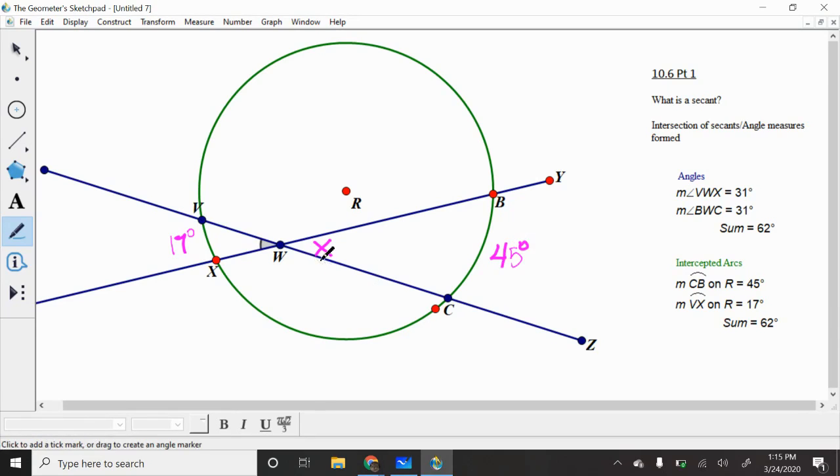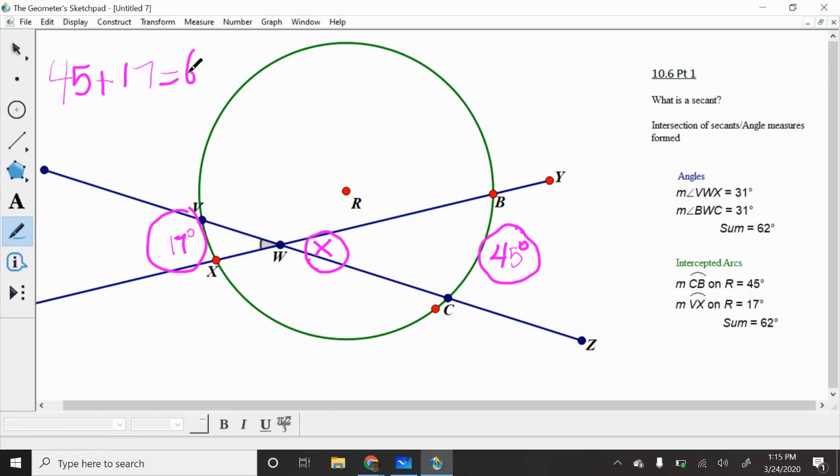So I know that if I add these two arc measures together and then divide by 2, I'm going to get x. So let's try that. 45 plus 17 equals 62. And then if I take that 62 and divide by 2, I get 31.